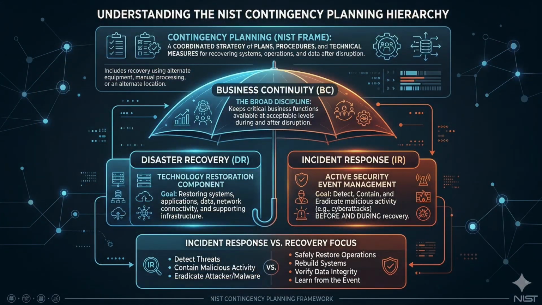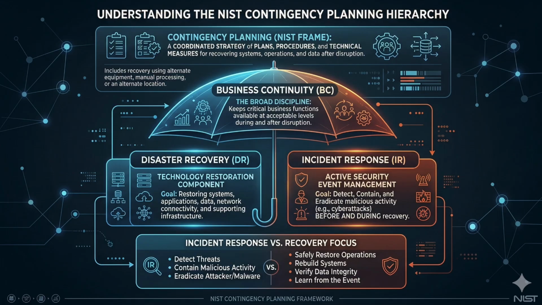NIST frames contingency planning as a coordinated strategy of plans, procedures, and technical measures for recovering systems, operations, and data after disruption. It also emphasizes that recovery may involve alternate equipment, manual processing, or an alternate location. Incident response is related but distinct.